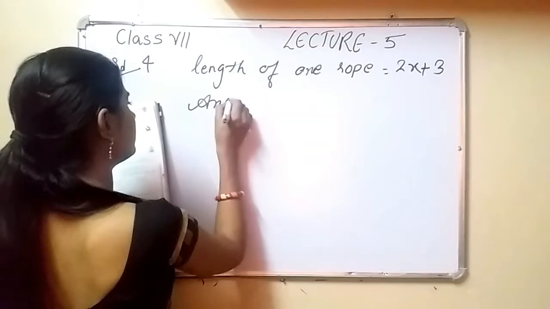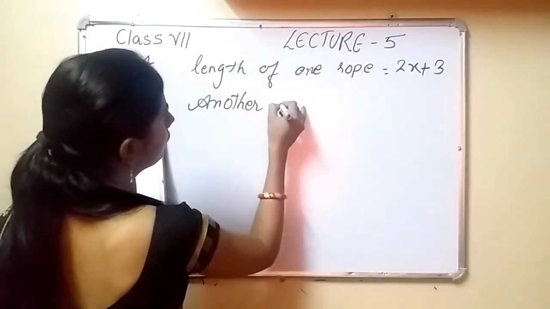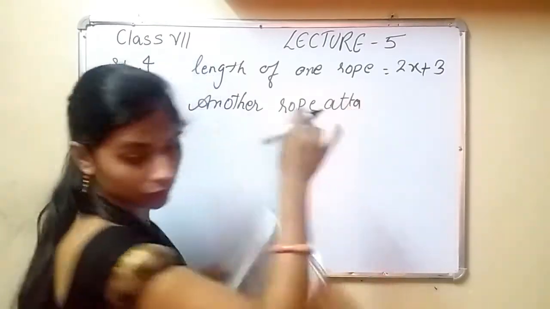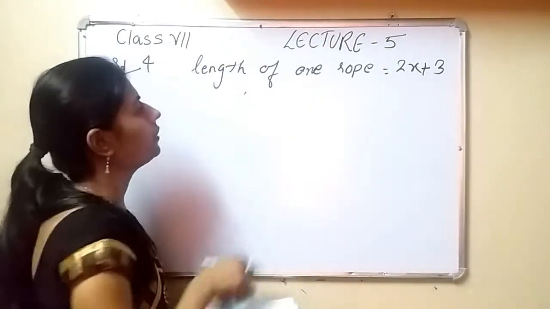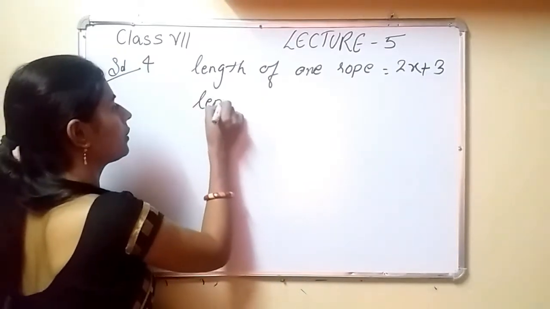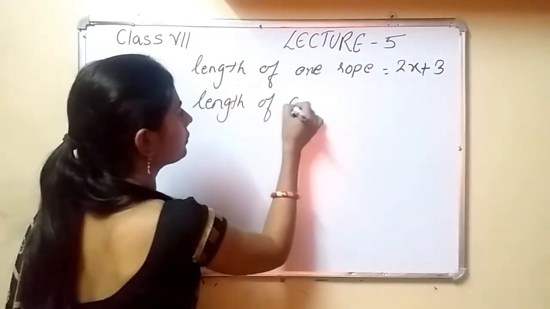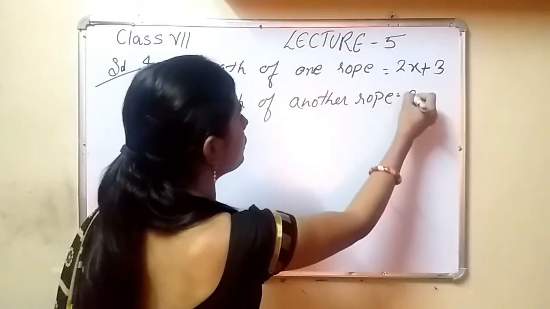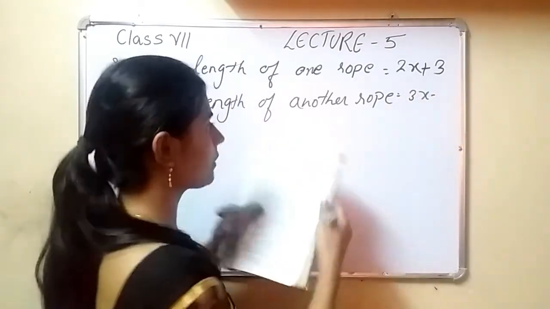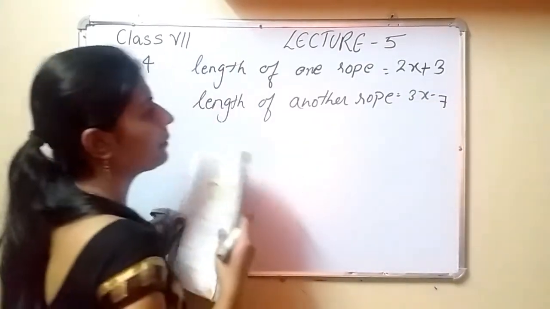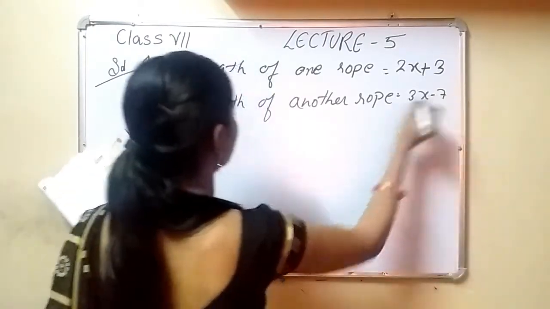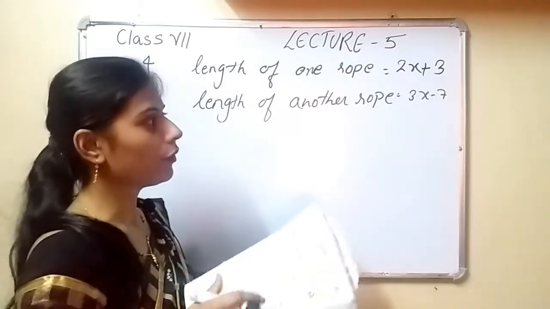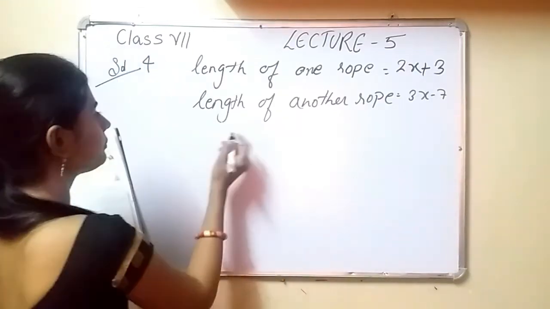Another rope attached to it, or you can write length of another rope, is equal to 3x minus 7. Now if these both ropes are attached to each other, then they are asking what is the total length of the rope.